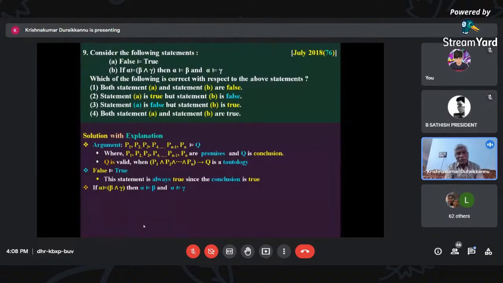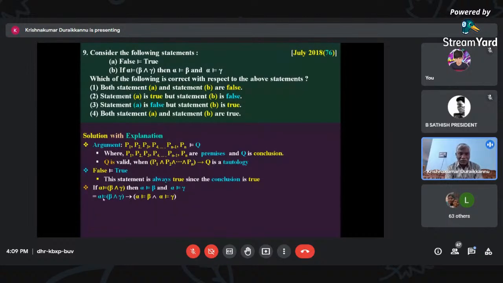It is easy to solve if we have some experience. Here we can apply the distributive law. Alpha implies beta and alpha implies gamma: we can take alpha implies outside by applying the AND operator. So it becomes alpha implies (beta and gamma), which is nothing but the valid form.